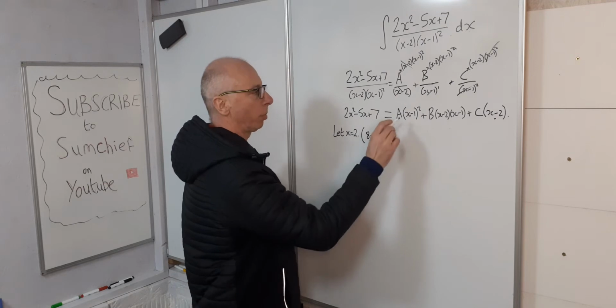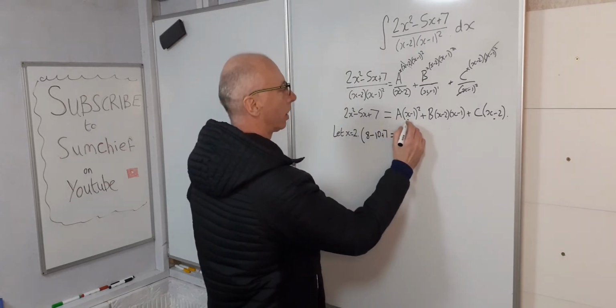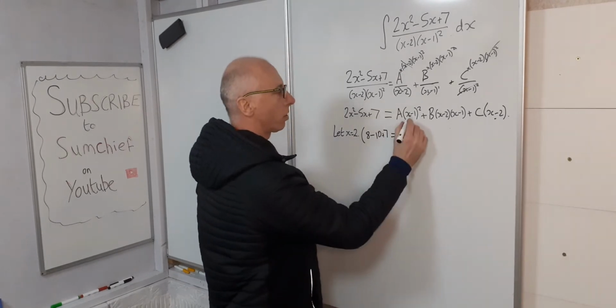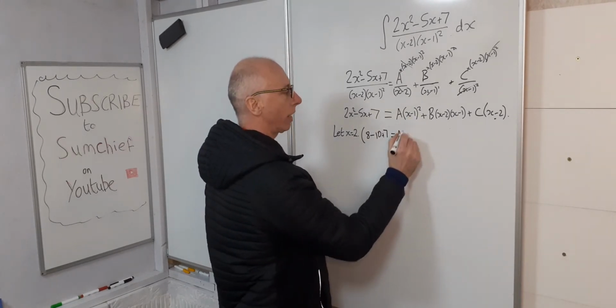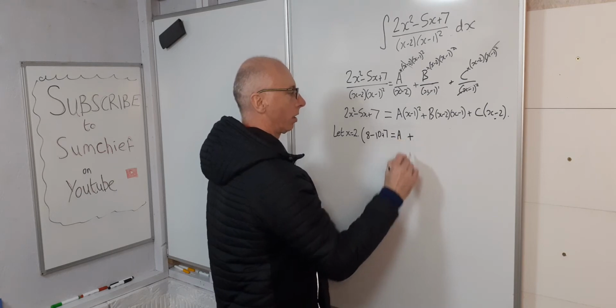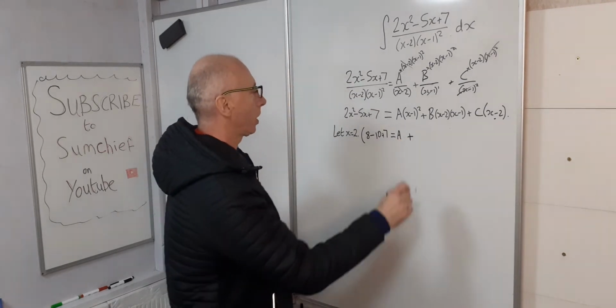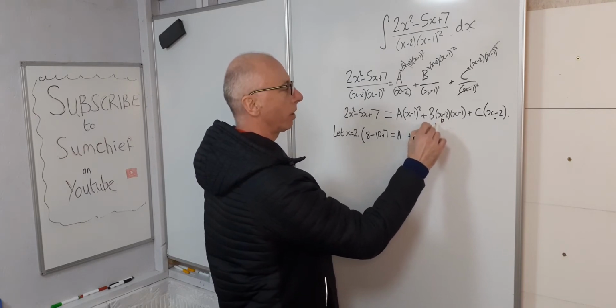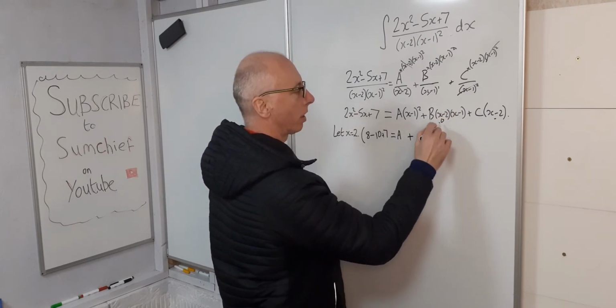equals, so plug in 2 into this, so that's A times (2 minus 1), which is 1 squared, so that's just A. Plus, plug in 2 into this one here, this becomes 0, then the whole thing disappears.